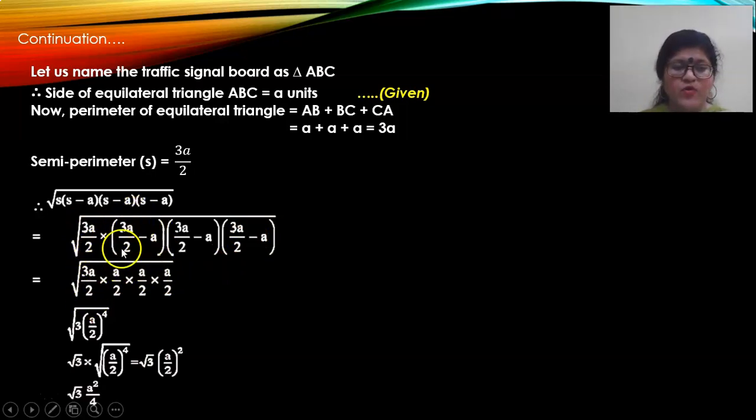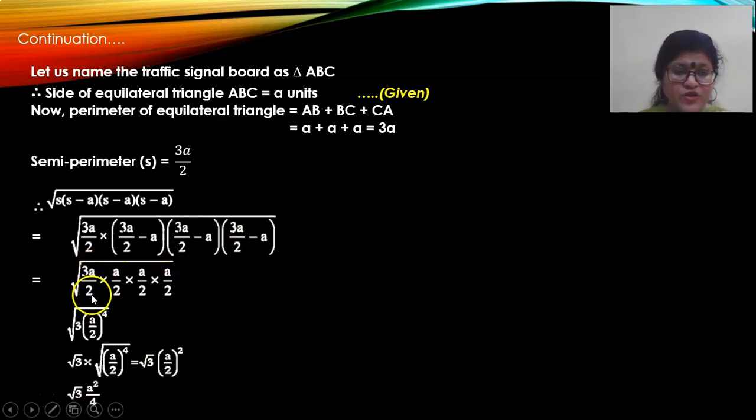Solve this part. I want you to solve this in rough. 3a upon 2 minus a means you're taking out the LCM. So it becomes 3a minus 2a upon 2. So that brings it to a by 2. You know how to subtract when denominators are not the same. So here also you will get the same answer, a by 2. Here also you will get it as a by 2.